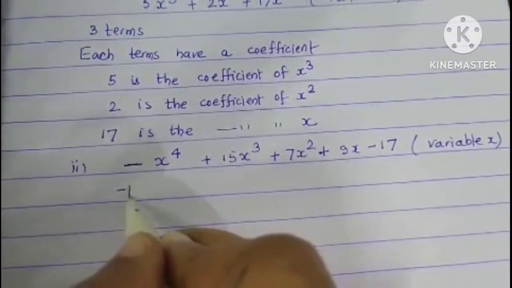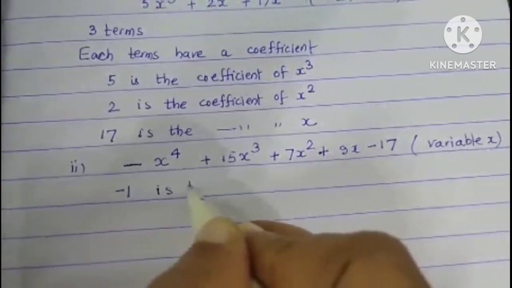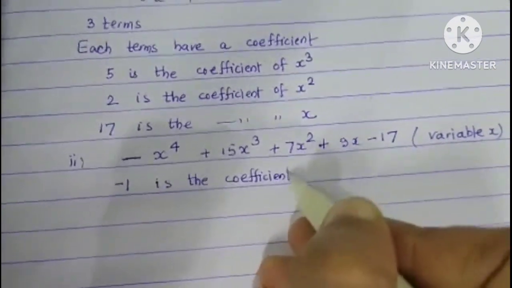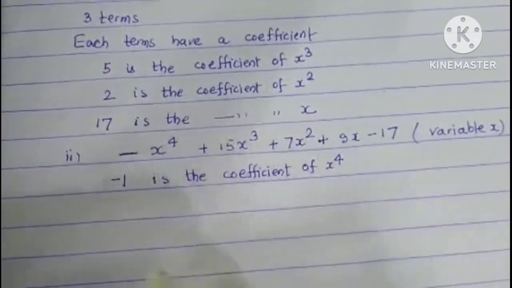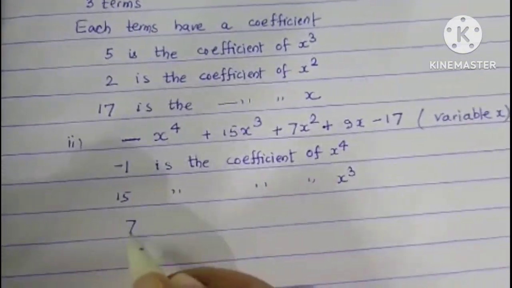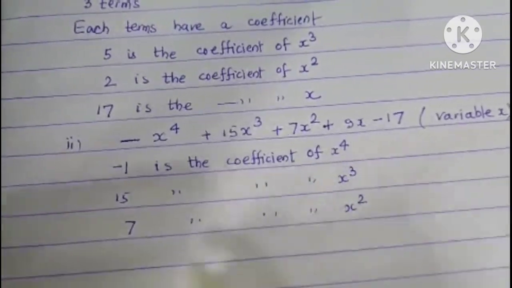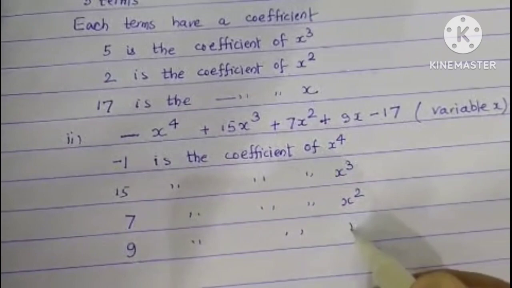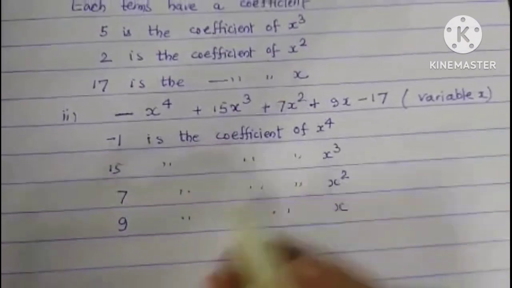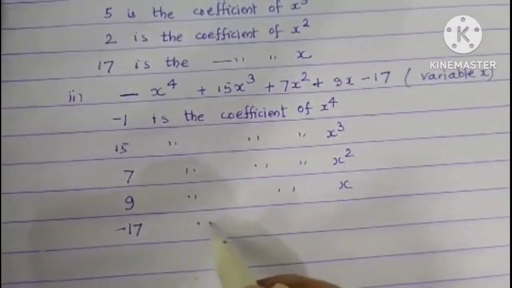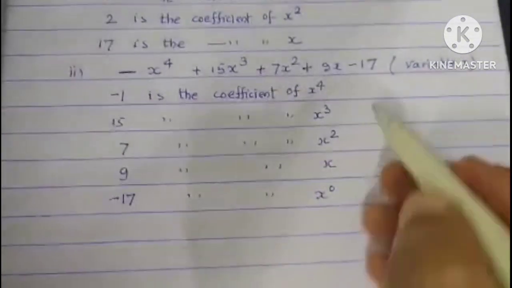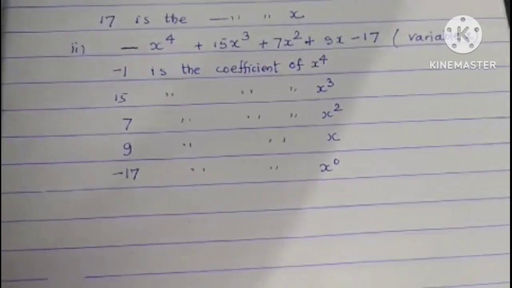Here minus 1 is the coefficient of x to the power 4. Now 15 is the coefficient of x cube. 7 is the coefficient of x square. 9 is the coefficient of x. And minus 17 is the coefficient of x to the power 0, basically, because x to the power 0 is equal to 1.